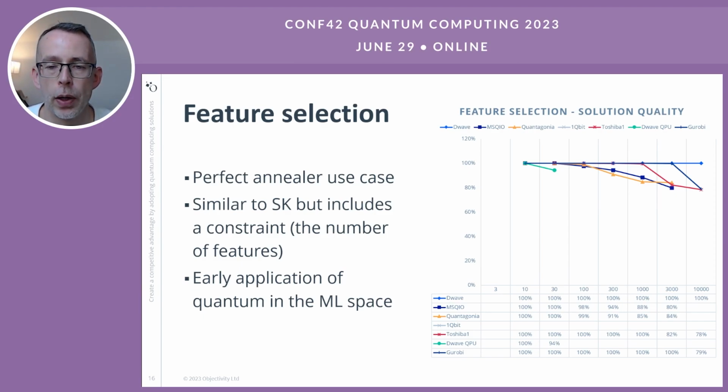Toshiba performs very well, and scales all the way up to 10,000, but starts to drop off a little bit in quality at the larger sizes of 3,000, 10,000. You can up that quality by simply giving it more time, but we're working with a level playing field here. Gurobi actually does better, perhaps because the constraint gives the whole problem a little bit more structure, but also sort of drops off at the largest size of 10,000 that we tested.